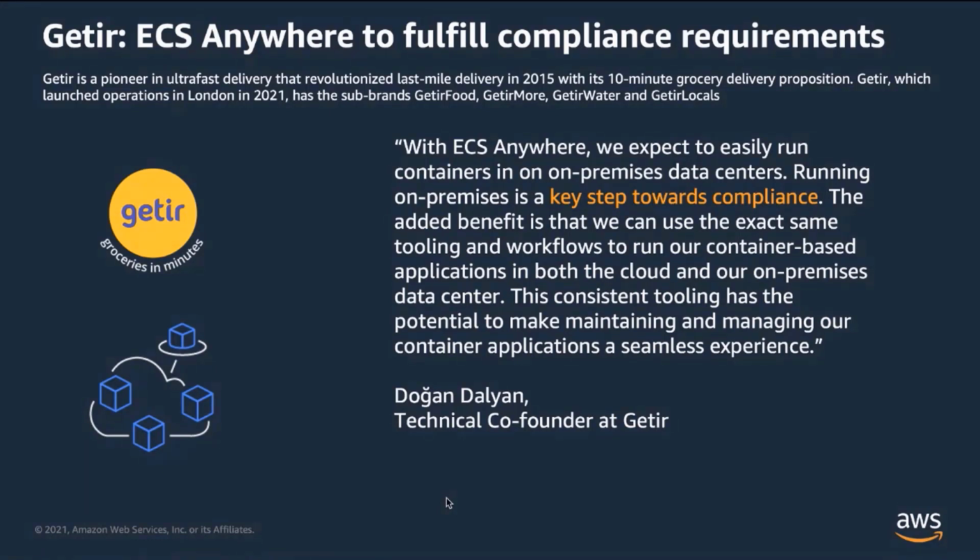So they needed a solution which can store and process this data in a local geography, the same kind of use case that we saw in my toy example, right? That compliance is very important, and the fact that the data needs to reside in a particular geography where there may not be access to AWS regions is a great use case for ECS Anywhere as well.